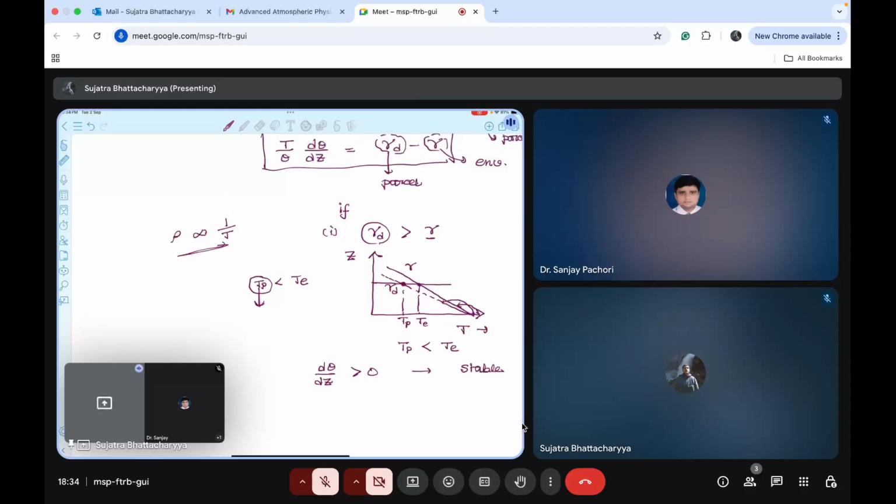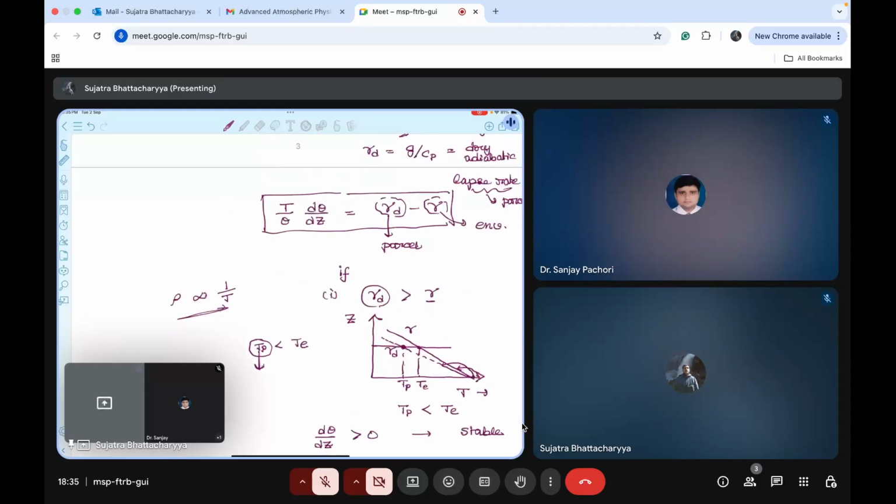Why stable atmosphere? That means if you just lift a parcel upward, it will come down. Remember the term of stability in electrostatics or wherever in physics. You have a reference point. You have lifted anything in a particular direction, it will come back.